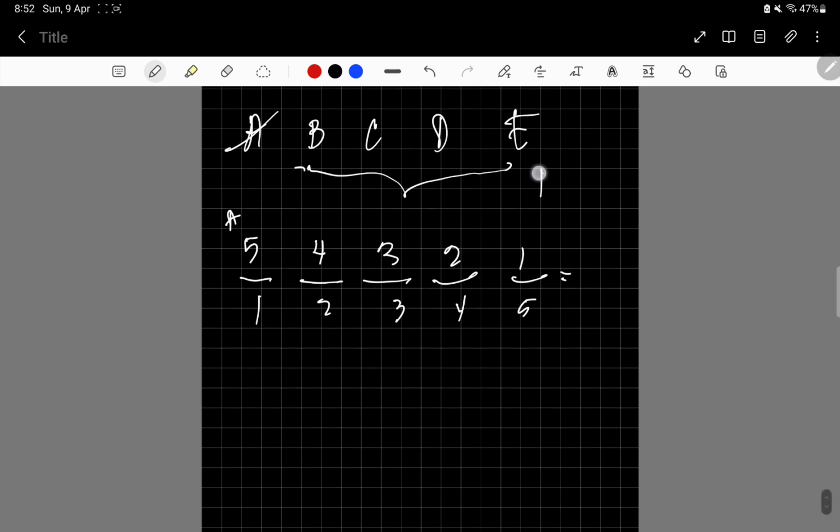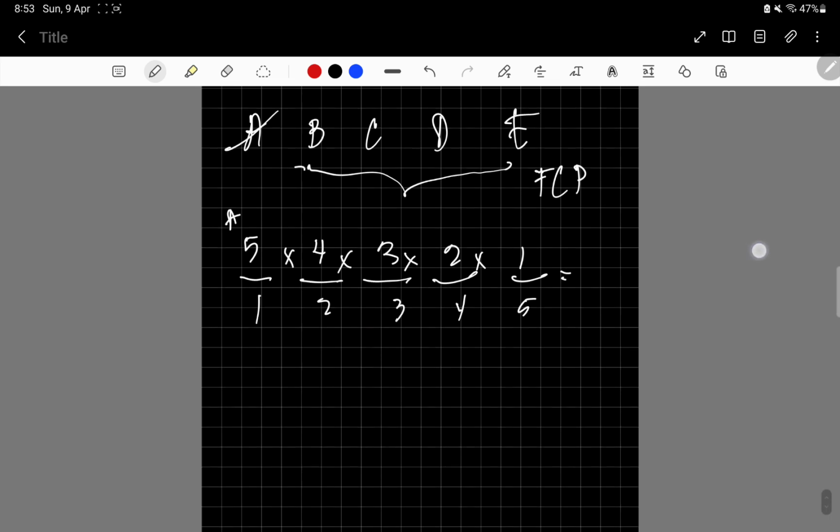And by applying the fundamental counting principle, wherein we are getting the product of our choices or our options. Yun yung concept about the FCP. Pinagmumultiply natin yung mga choices na meron tayo. So, 5 times 4 is 20, times 3 is 60, times 2 is 120, times 1 is 120.